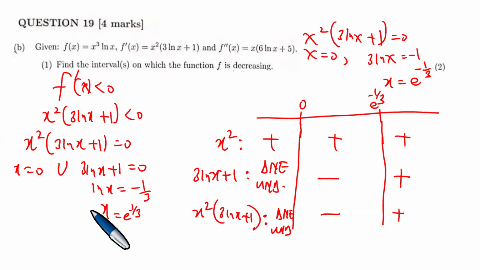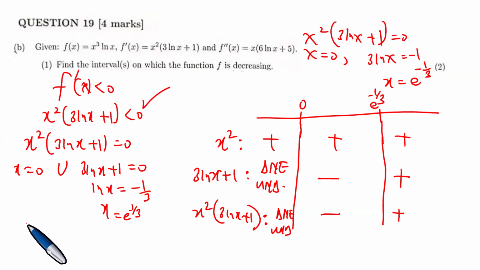Right, and as a consequence, what are we actually able to achieve here? We want the negativity, so that this is decreasing.